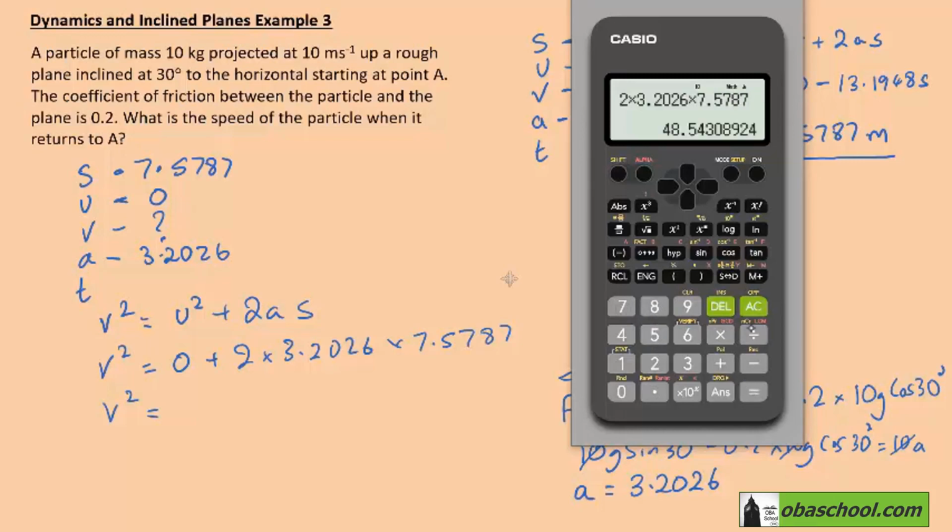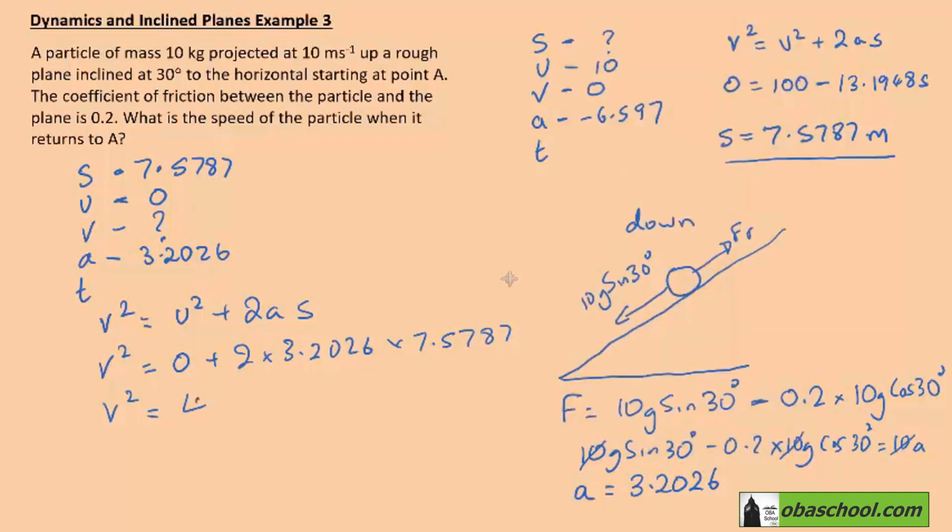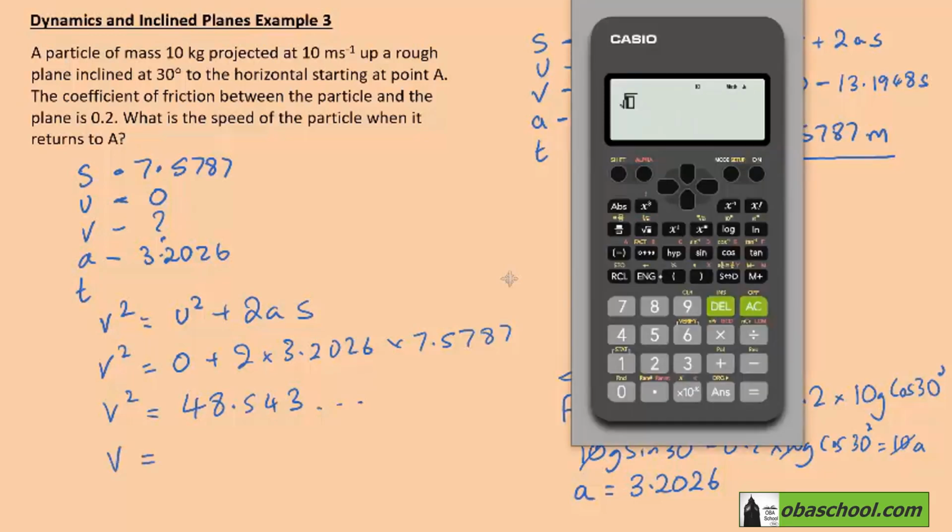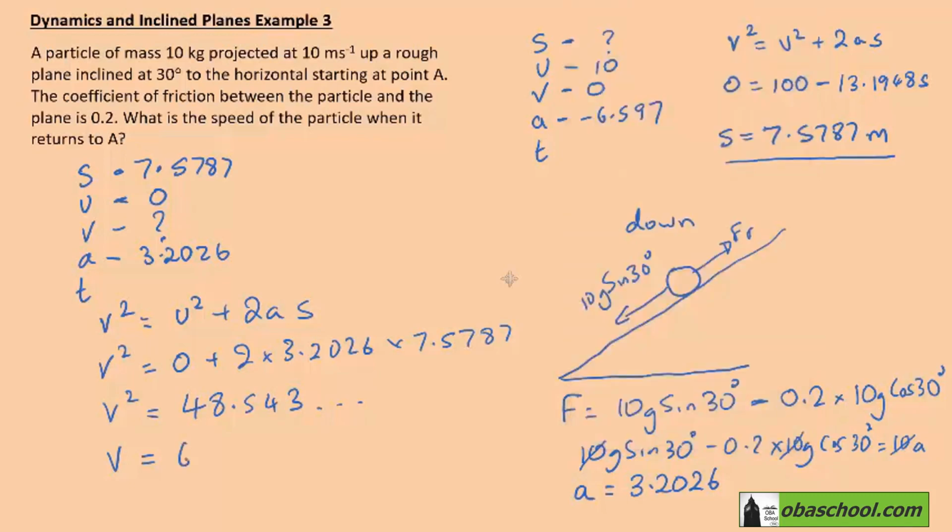That's 48.543. And so v is just going to be the square root of that answer. And so it returns back at 6.97 meters per second, correct to 2 decimal places.